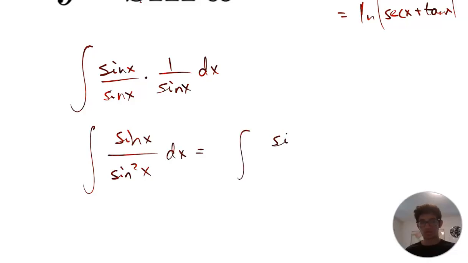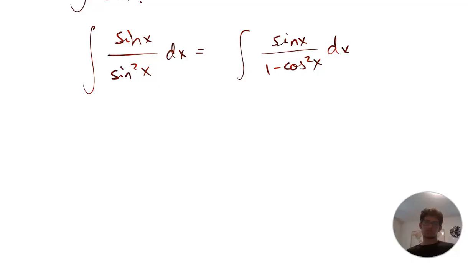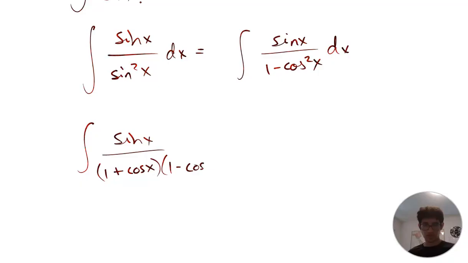But the nice part is that we can now rewrite this like so, right? And now, I guess we can just break it up. So we can rewrite this as sine of x over (1 plus cosine x)(1 minus cosine x), which is just a difference of squares.